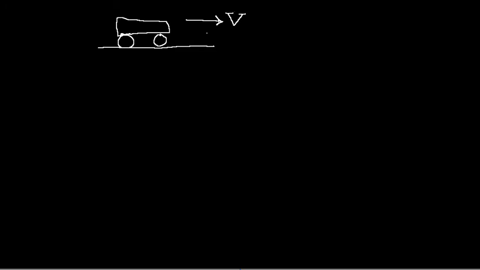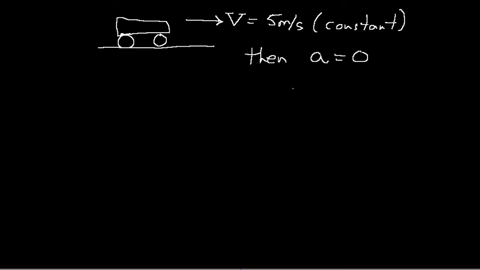Let's say the velocity of this cart is a constant 5 meters per second. Then we know that acceleration is equal to 0. Why is acceleration 0? Because the velocity is constant. If there is no change in velocity, then acceleration is 0, because acceleration is delta v over delta t. So if it's just going at a constant velocity, the acceleration must be 0.